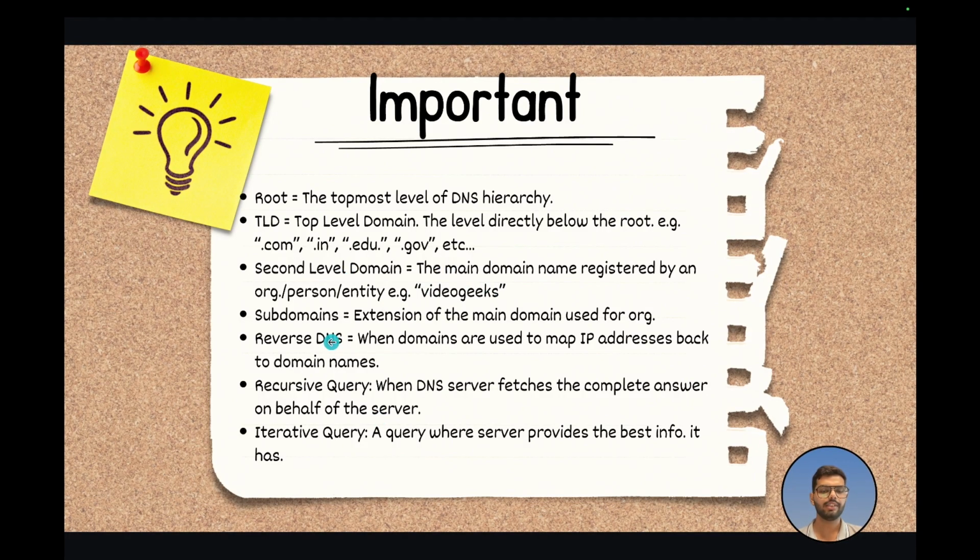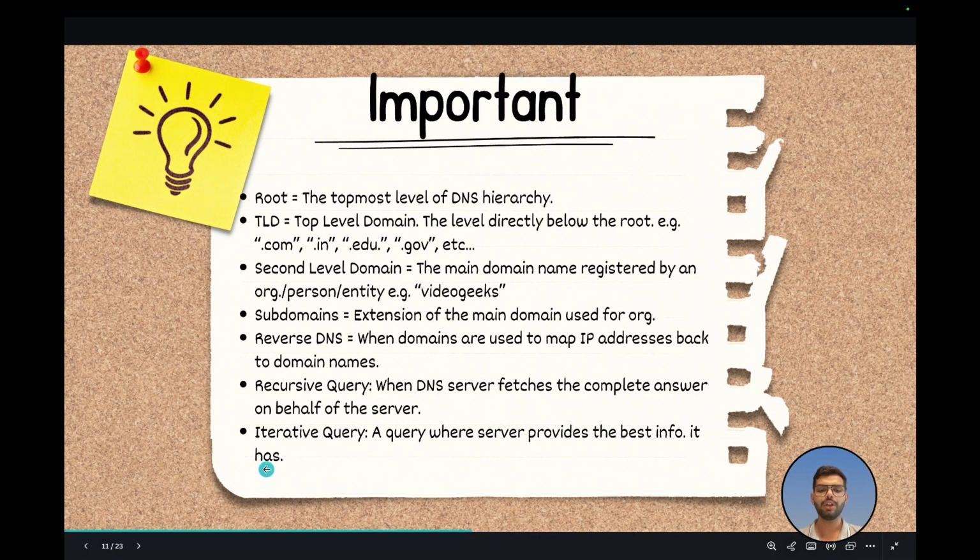Now reverse DNS. When IP addresses are mapped back to domain names, that is called reverse DNS. Now we also have something called a recursive query. When a DNS server fetches the complete answer on behalf of the client, that is called recursive DNS, something like Google's DNS server, whose IP address is 8.8.8.8.